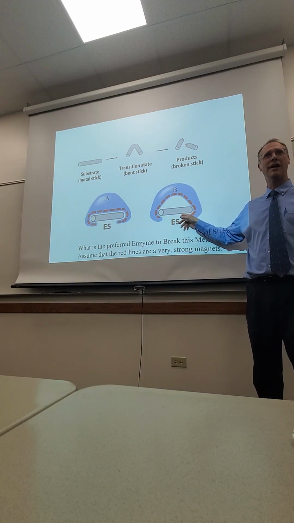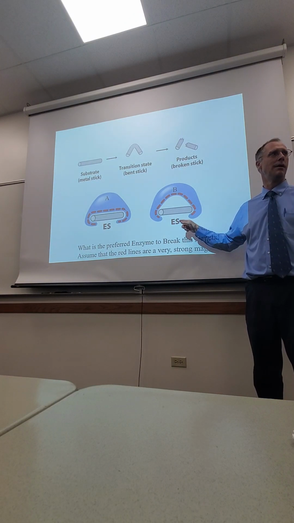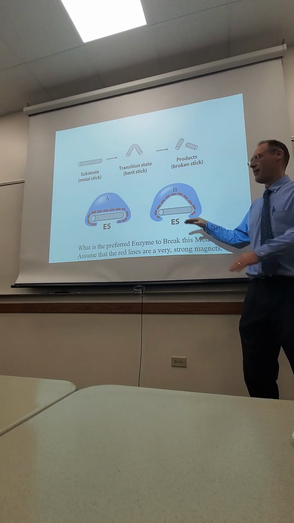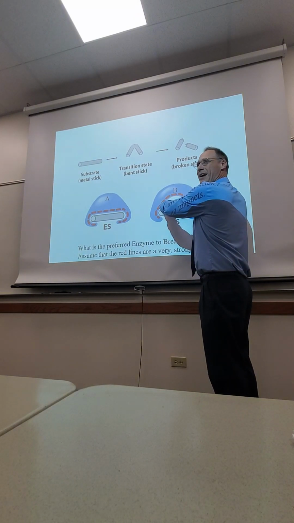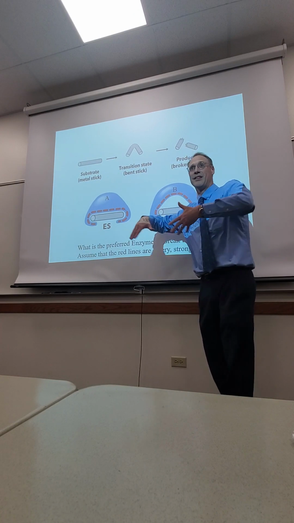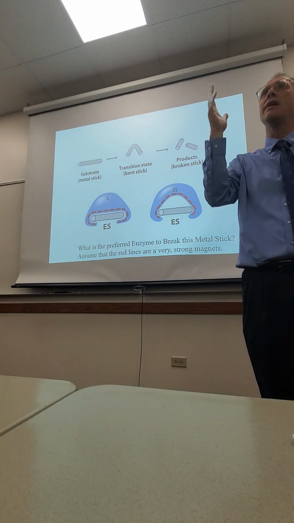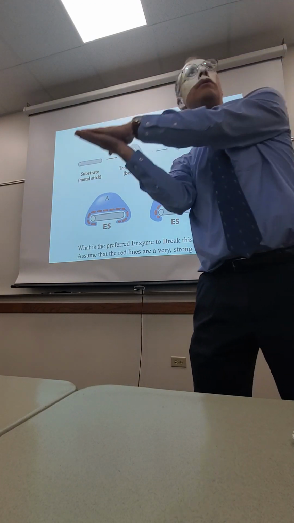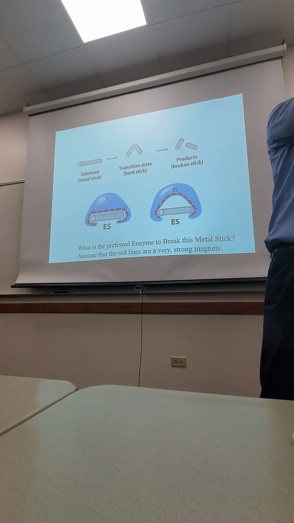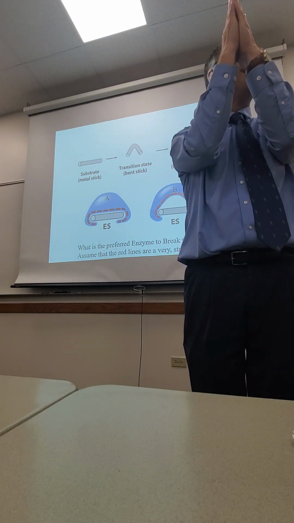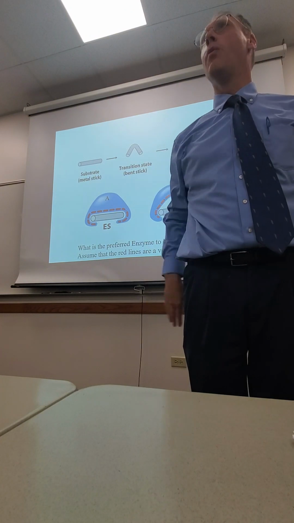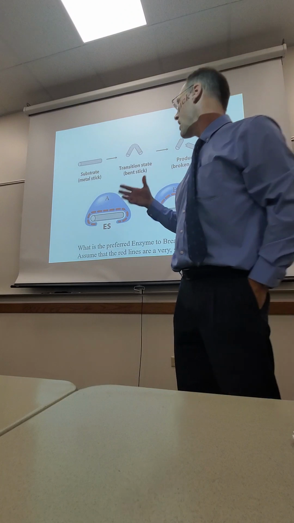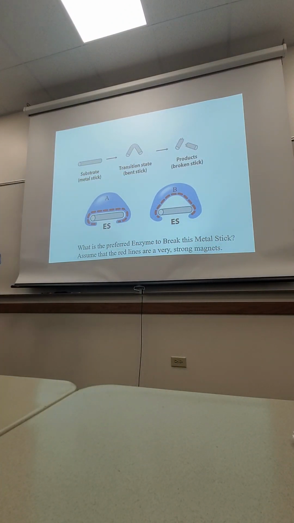The substrate doesn't match the active site, but it can force, because there's interactions with it, force it into the transition state, which is the point where it could go back to substrate or onto product, and it can get it to that point so it's able to fall either way. And it's stabilizing it in that. So the stick-ace model is talking about that principle.